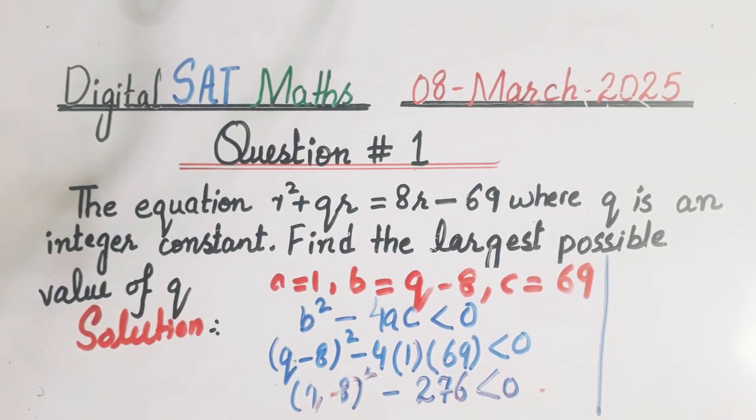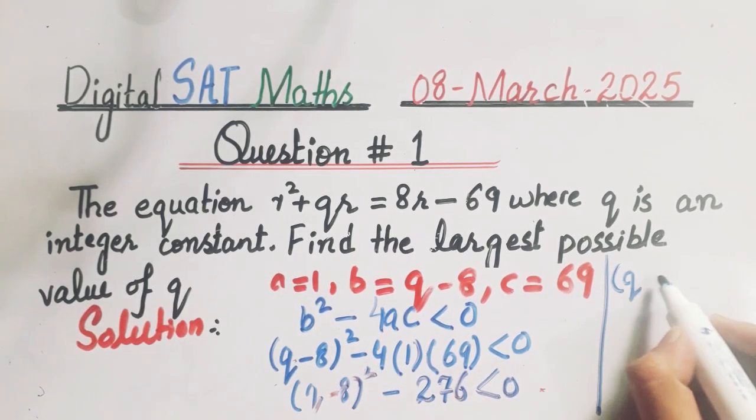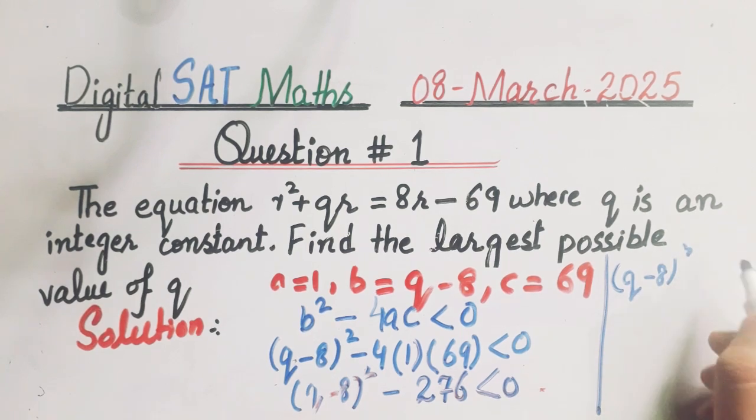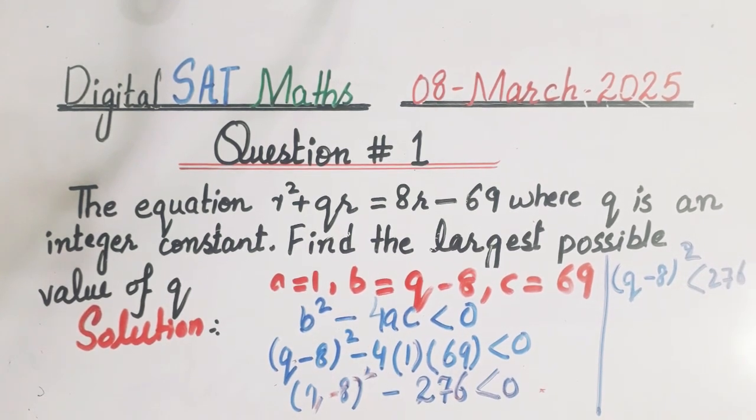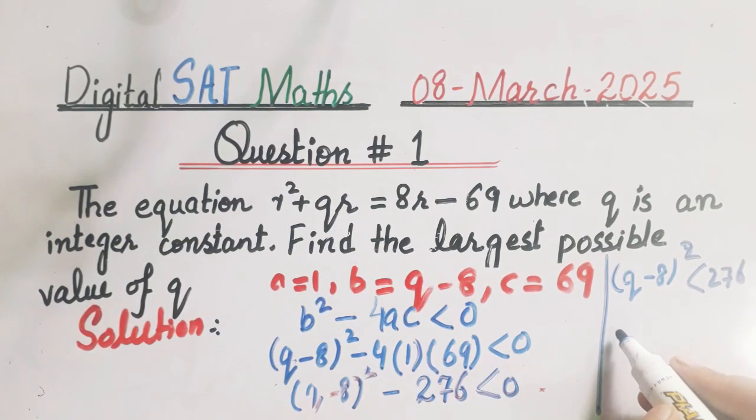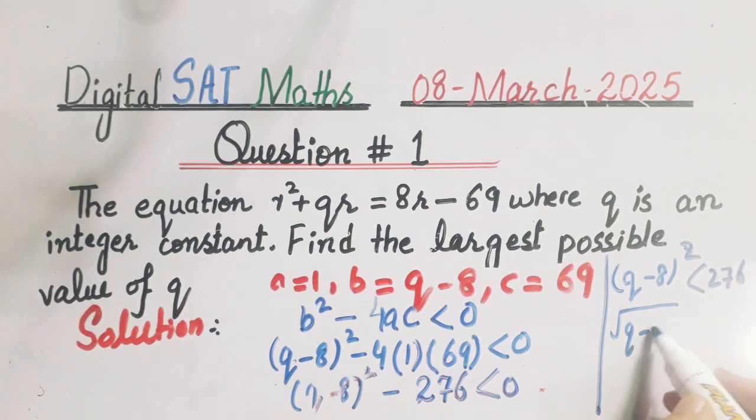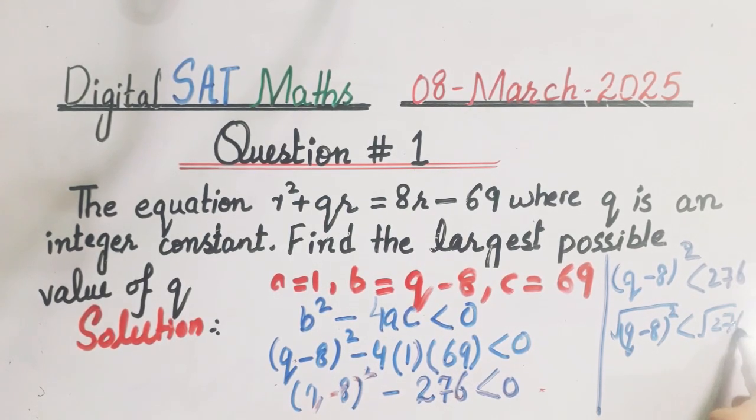So when we solve this further, we will write this as (q minus 8) squared less than 276. Now we take the square root on both sides.